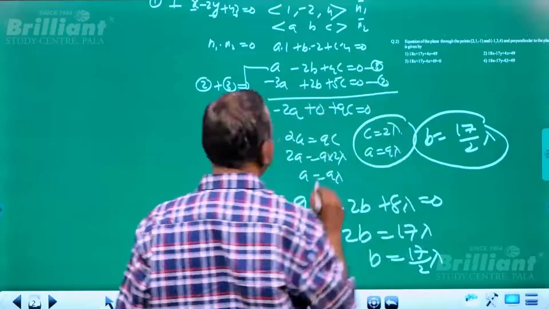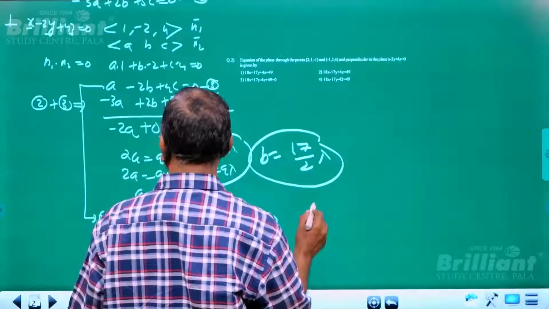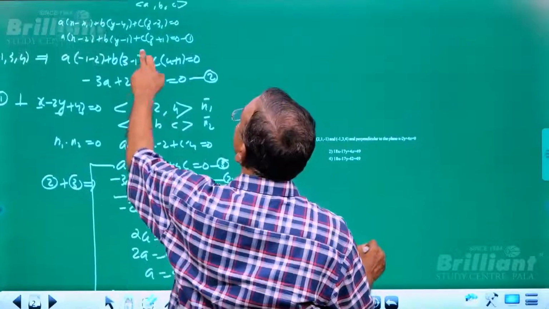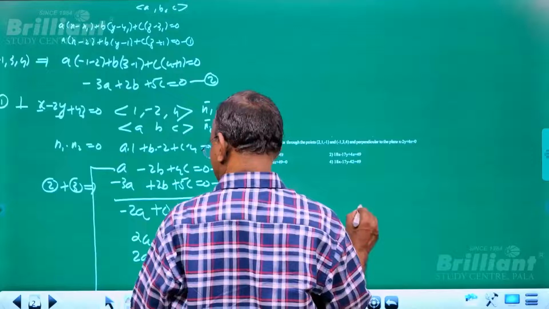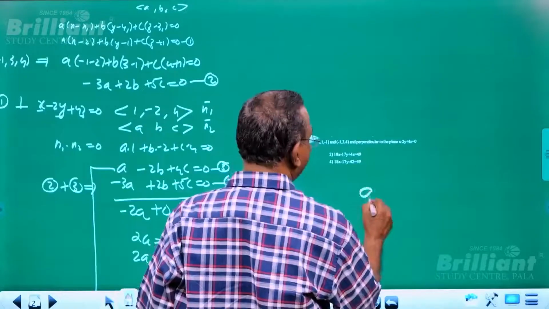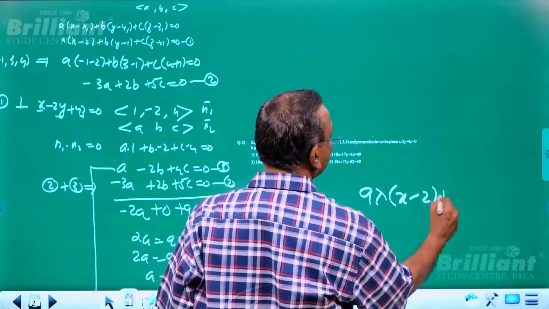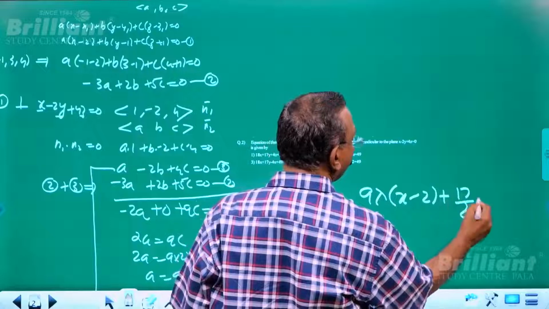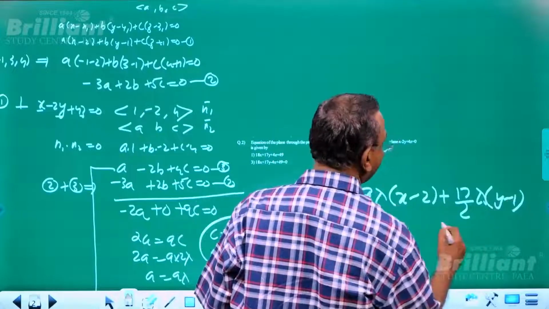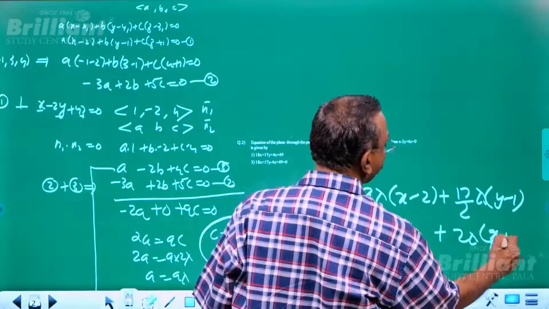And our first equation. What is our first equation? Equation number 1 is this. So we can replace A as 9 lambda into x minus 2, plus B is 17 by 2 lambda into y minus 1, plus 2 lambda into z plus 1 is equal to 0.